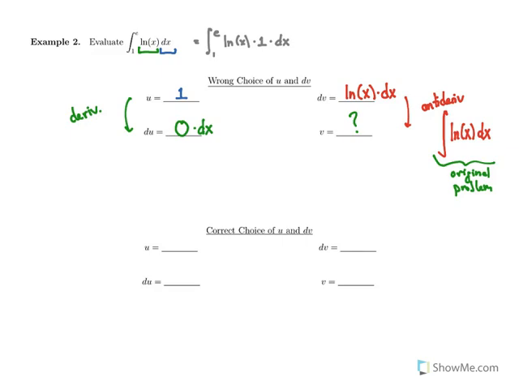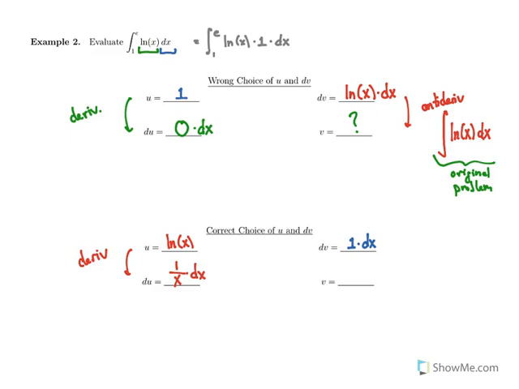Let's instead flip it, and let's let natural log of x be our u, and we're going to let dv be our 1 dx. Here, the derivative is going to be 1 over x times the dx.